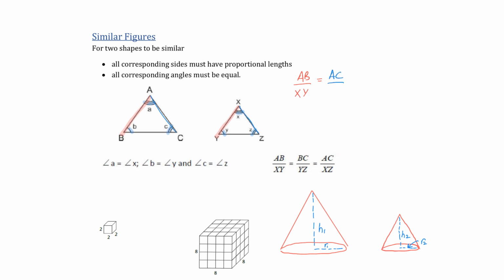So AC upon xz must also have the same ratio as BC over YZ. So when the three ratios are exactly the same, you can say that the two triangles are similar. And this is also one of the tests for similar figures, which I'll be covering in a later section of the video.